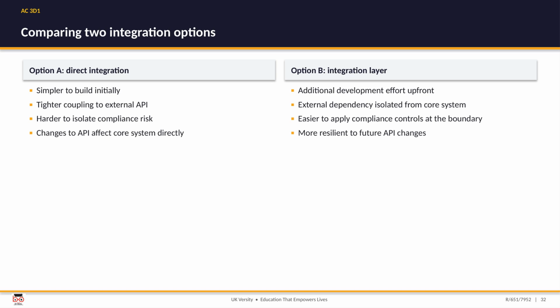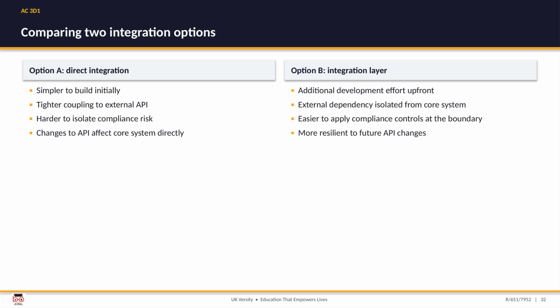Option A, direct integration, is simpler to build at first, but it couples your system tightly to the external API, makes compliance risk harder to isolate, and means any change to that API hits your core system directly.